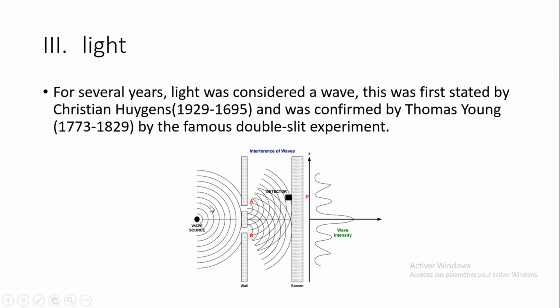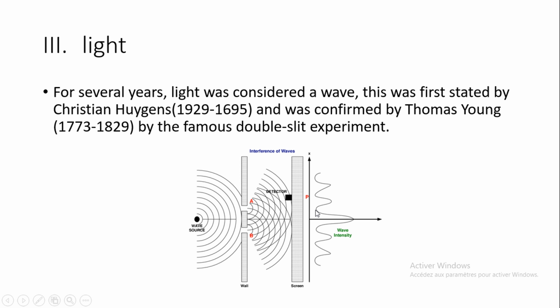If we take some light source and we take here a wall where we have two slits, and we take a screen here, we see that the light takes this shape here, and this is the intensity of light. In the center it is very concentrated, and it gets weaker and weaker at the edges when we get away from the center.